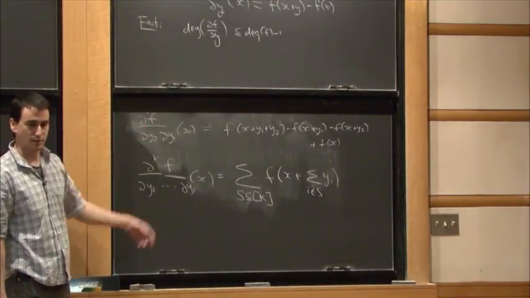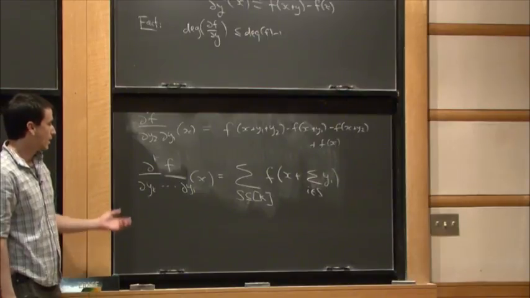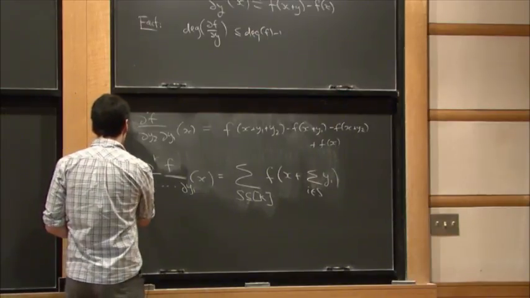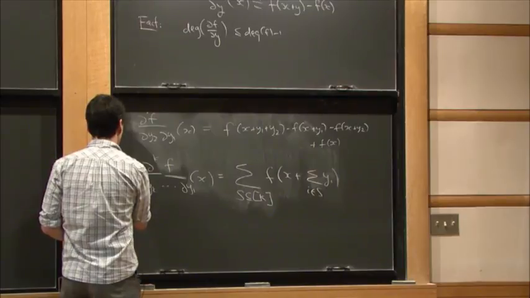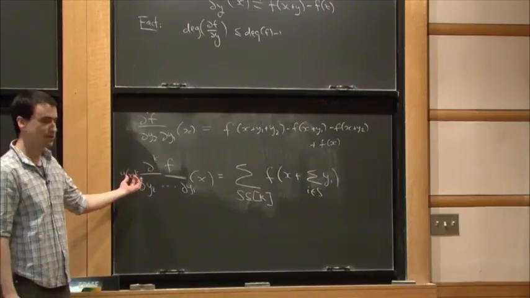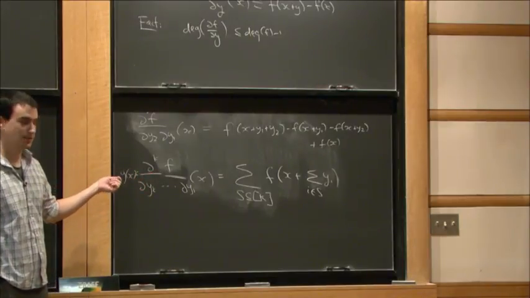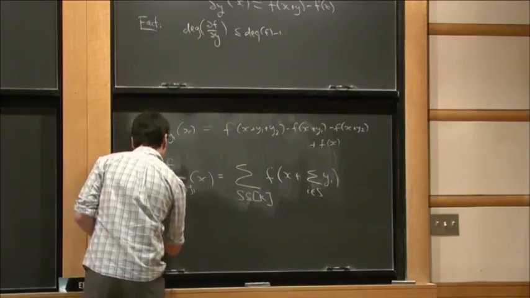This is just like applying this operation again and again. Let's call this function g of x. So what do we know about the degree of g? It's at most the degree of f minus k.